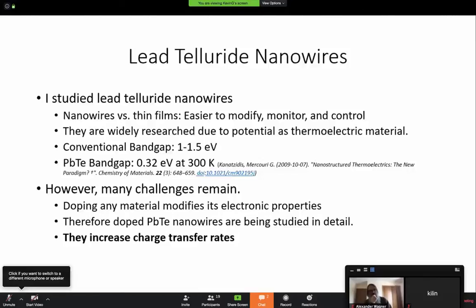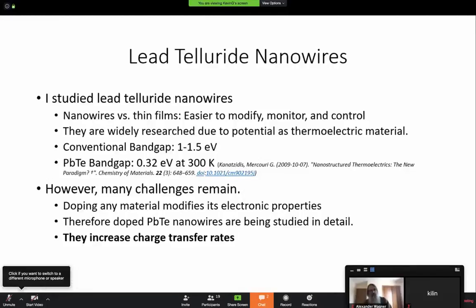Just to give you a quick example why, you have the conventional band gap for our current semiconductors. They're around 1.5 electron volts. However, the PbTe band gap, PbTe is lead telluride, is around 0.32 electron volts at 300 Kelvin.